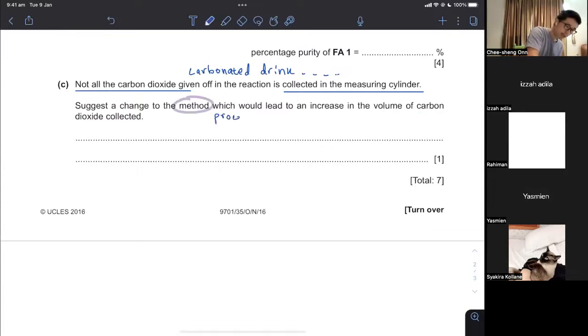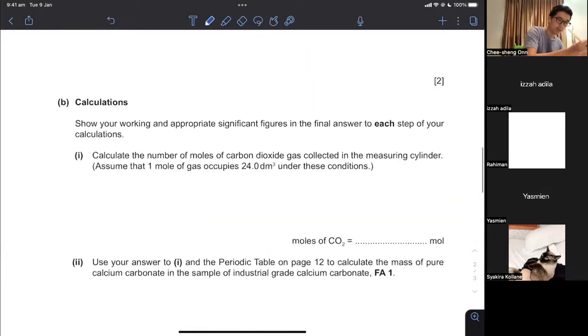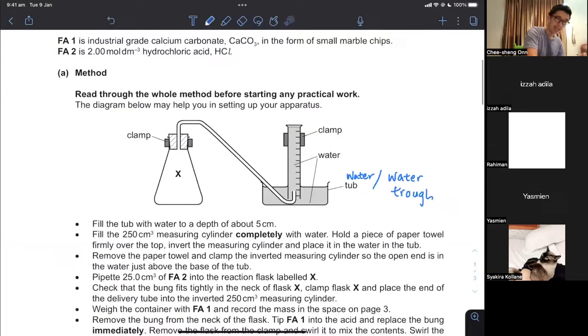Procedure, methodology, has nothing to do with using more reactant. So I guess this is just changing it to use a gas syringe. Using a gas syringe is not typically what they'll ask you to do in your actual practical, because it's not that easy to collect volume of gas with a gas syringe compared to using this inverted measuring cylinder method.